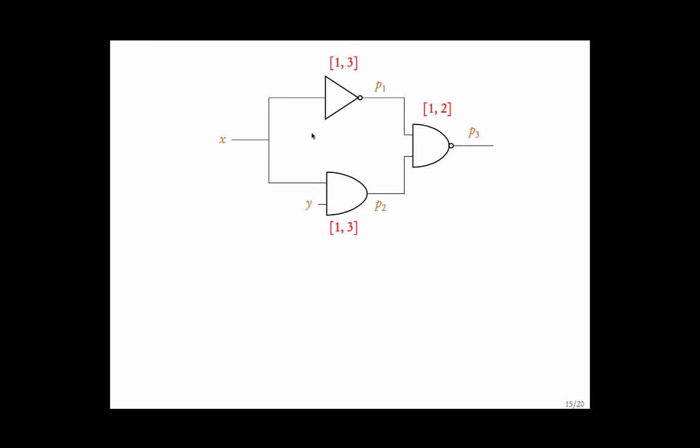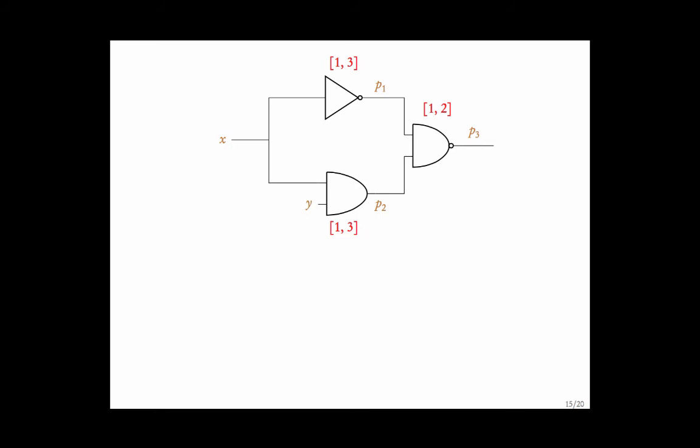Let's see what it means. Usually when the signal is 0 here, immediately the signal becomes 1. When the signal is 1 here, immediately the signal becomes 0. Similarly, if x and y are 1, immediately P2 becomes 1 and so on. So the change to the output is immediate. You assume that there is 0 delay in the change.